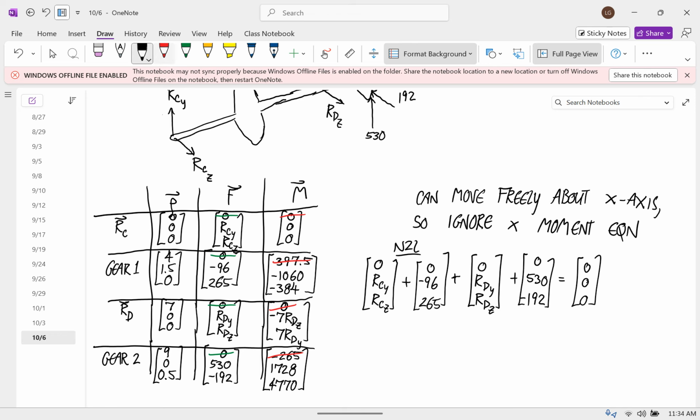And we're going to get rid of this equation.